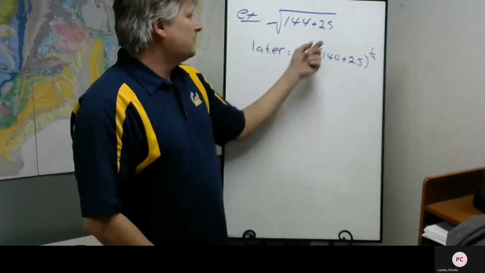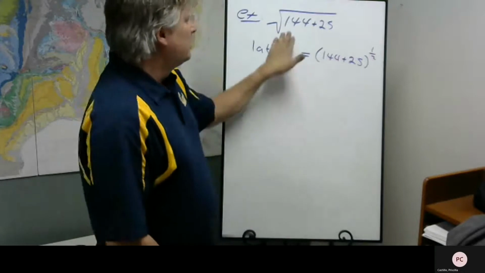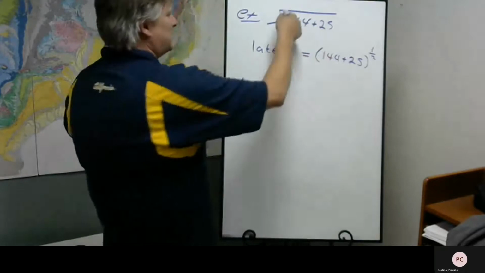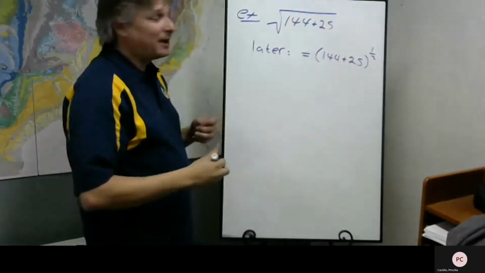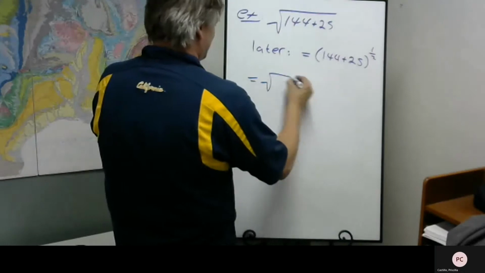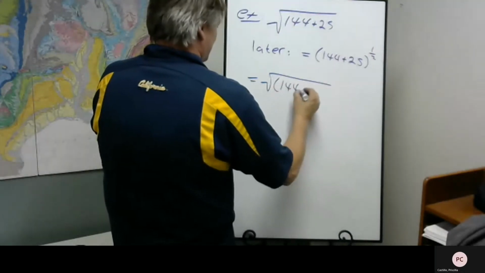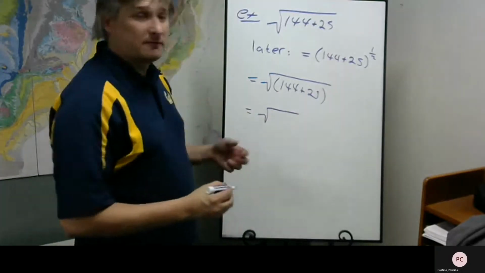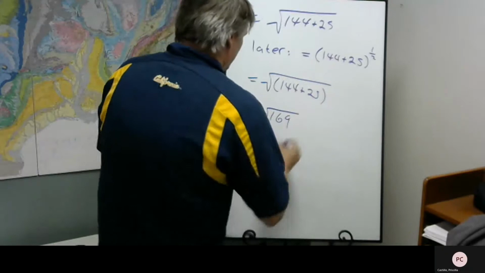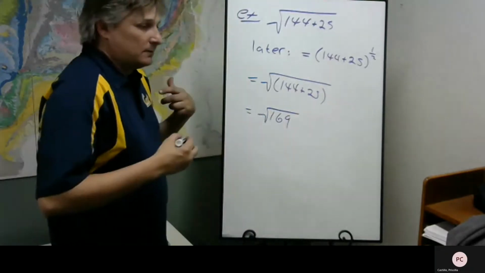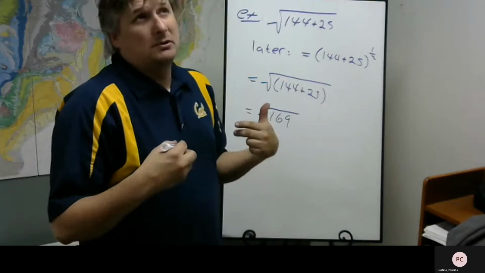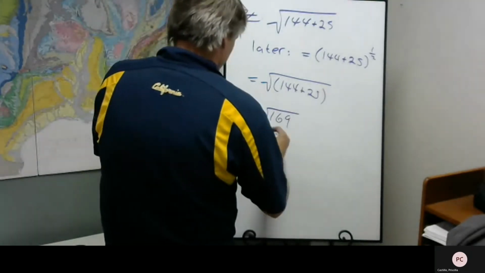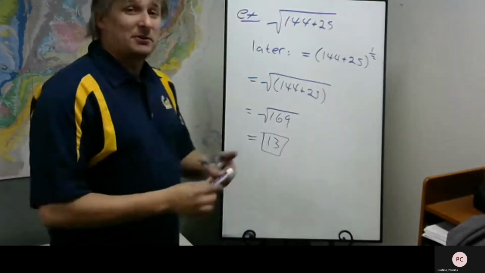But for now, what we're going to say is this. As much as you can, try to simplify inside the radical first. So you can sort of treat it like there's parentheses on the inside. Now 144 plus 25 is 169, and we're taking a positive square root. So one number that multiplies by itself to give you 169 is 13. So that's going to be your answer.